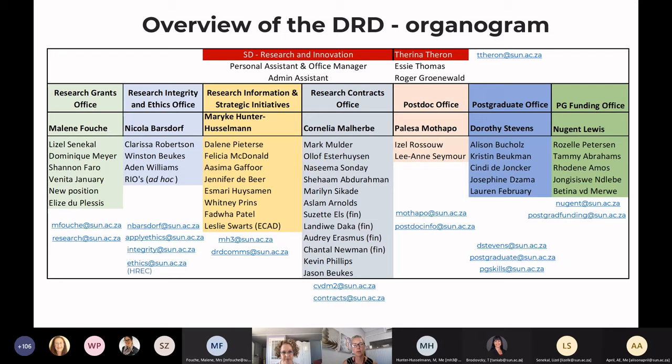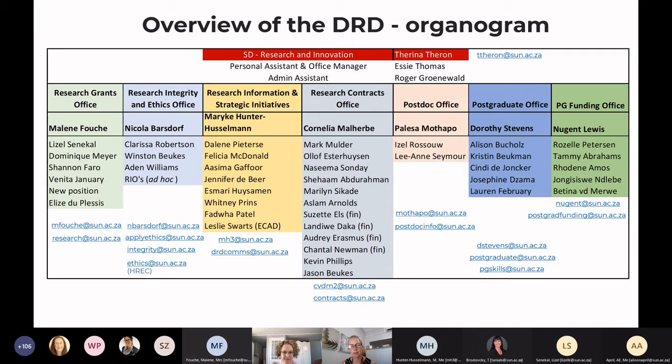And for those investigations, if it requires some serious investigations, we will bring in, on an ad hoc basis, some research integrity officers, mostly retired and very knowledgeable professors that we've used in the past, who will come in to assist Nicola in those investigations. The email addresses that you see there are Nicola's, and then Apply Ethics, which is the general email address that you can use for any ethics-related queries.